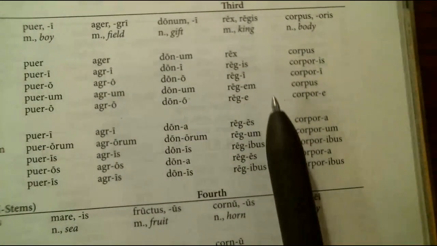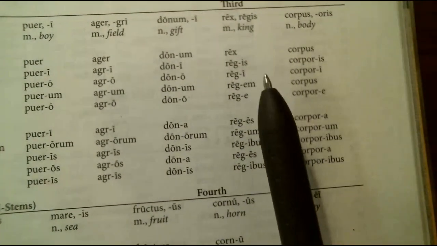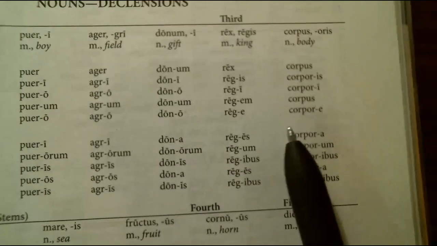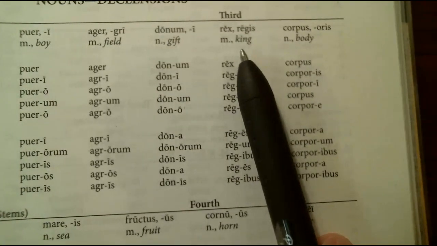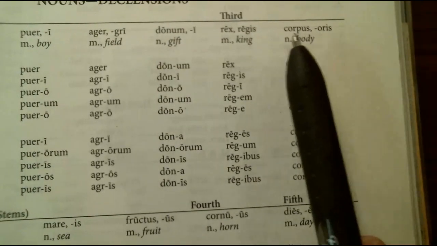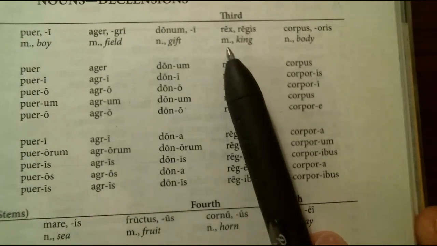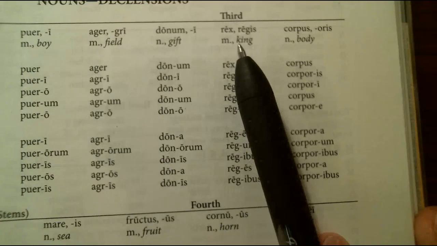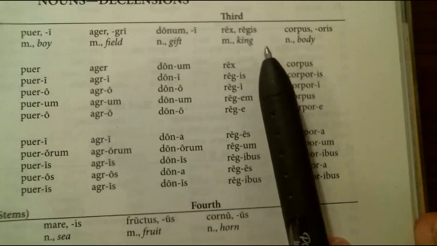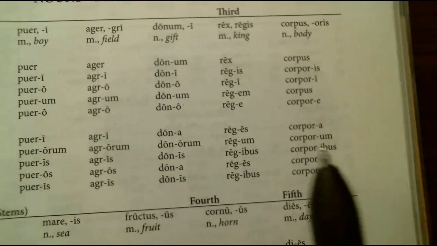Then you have your third declension over here, right? Now they give you just the masculine. You don't see a feminine example because the feminine and masculine in the third declension are going to be the same endings. That's why they don't give you a feminine sample for the third declension. All right. So, but there it is.